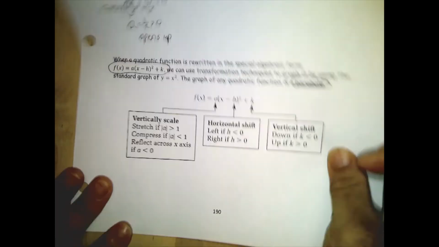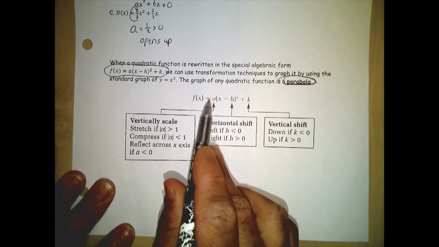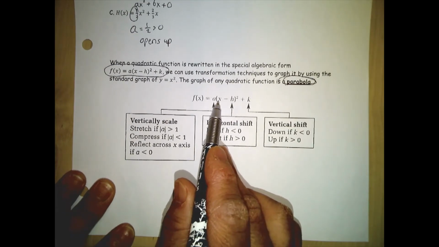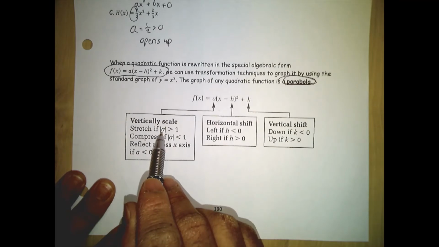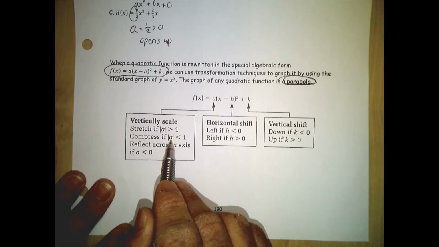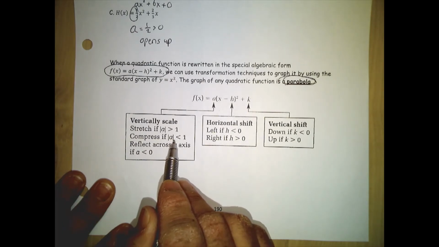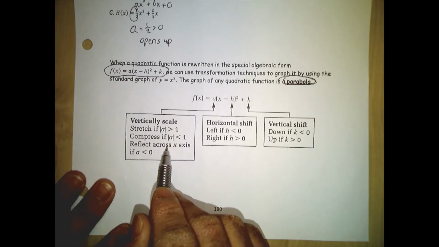So if in this form the a is greater than 1, then it's a vertical stretch. If the a is less than 1 here, it's a compression.